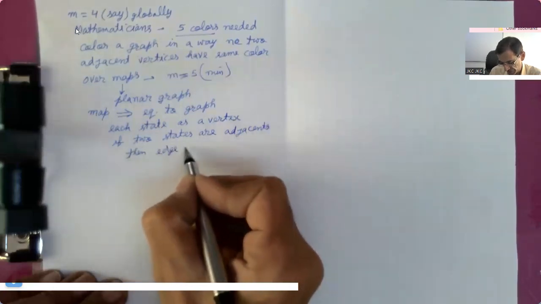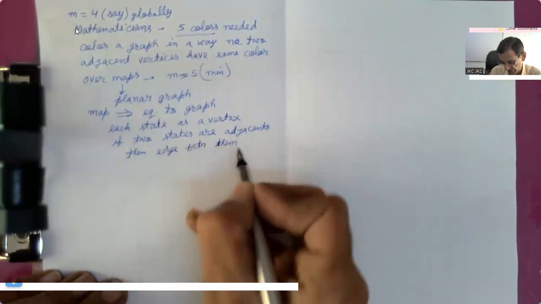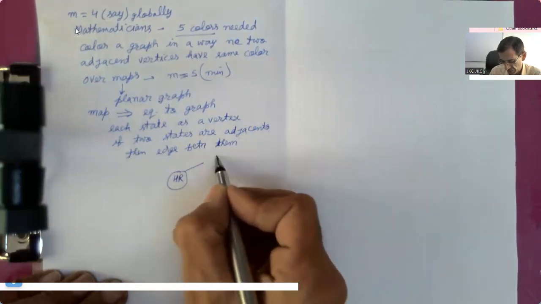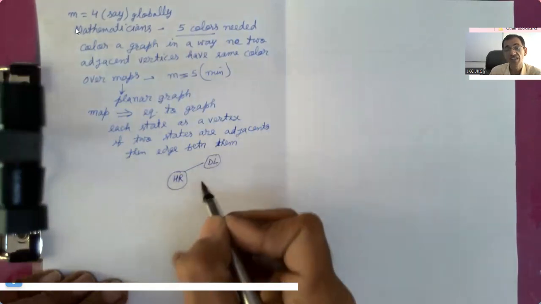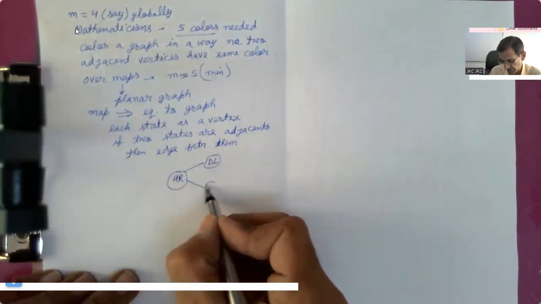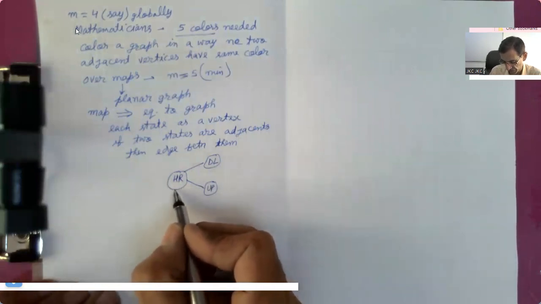For example, Haryana is one state, so from Haryana to Delhi, there is an edge available. Delhi is a different vertex. UP is another different vertex, and Haryana to UP, there is a border sharing.